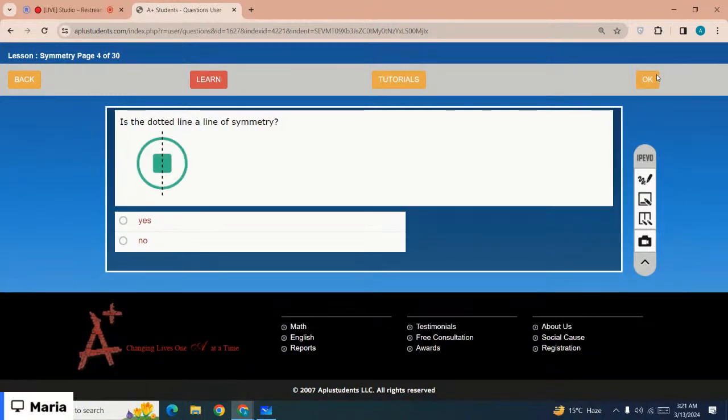The next one: is the dotted line a line of symmetry? Yes, no. The correct option is yes, that is a line of symmetry, right?